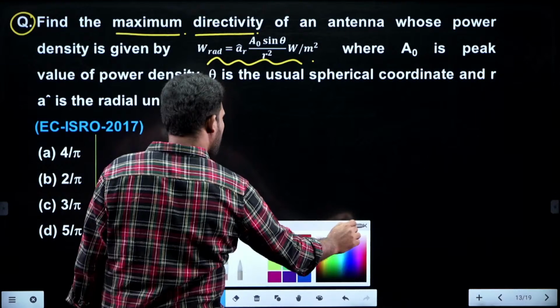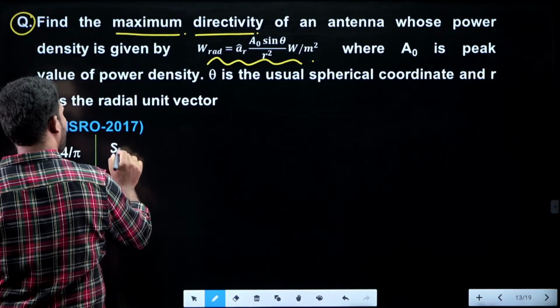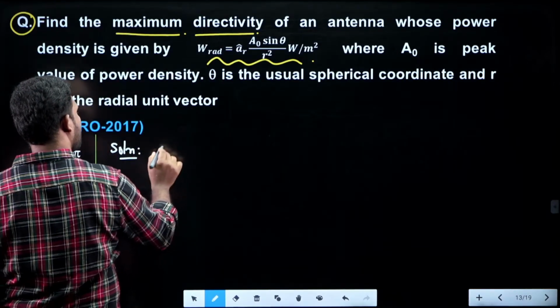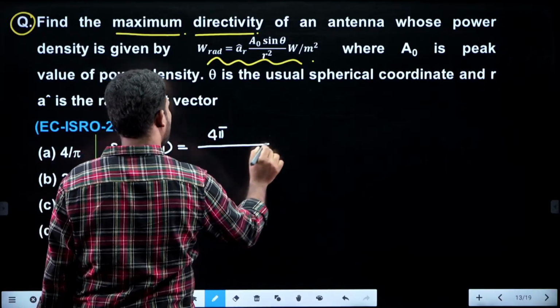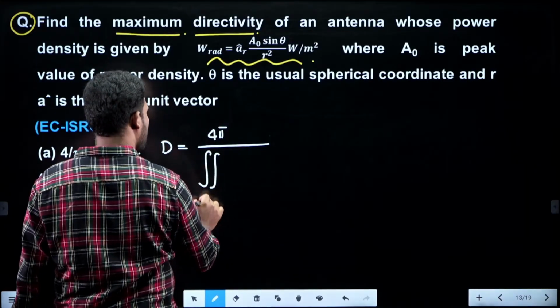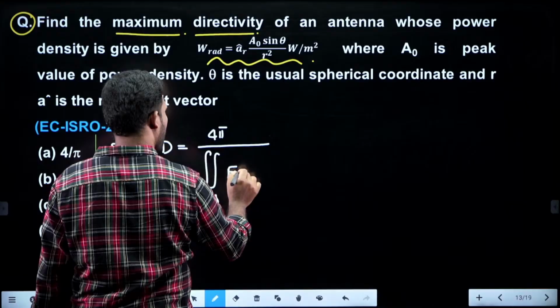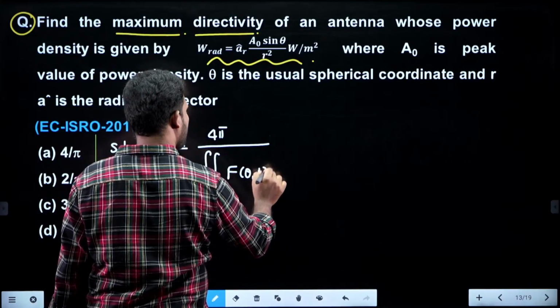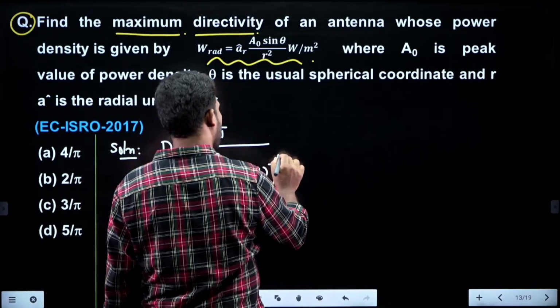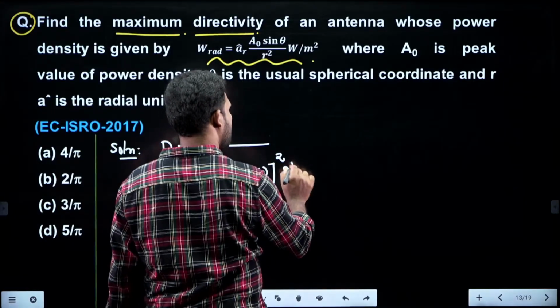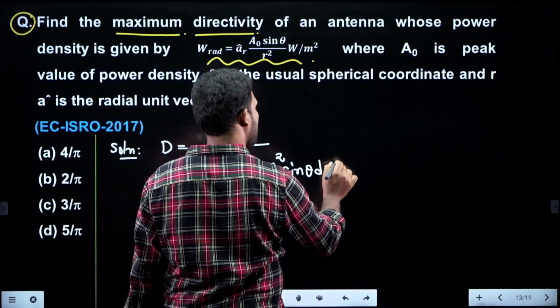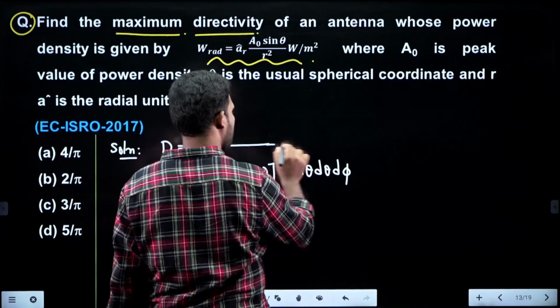So, how do you find out the directivity? The directivity formula, D is equal to 4 pi divided by the integral over theta, phi of the magnitude square of f of theta comma phi, sin theta d theta d phi.